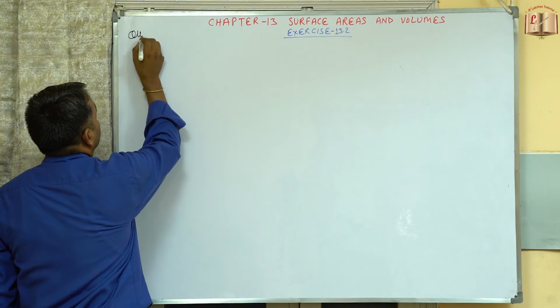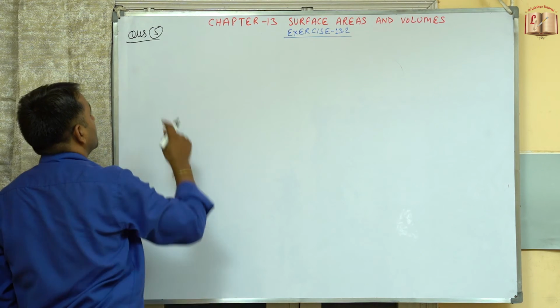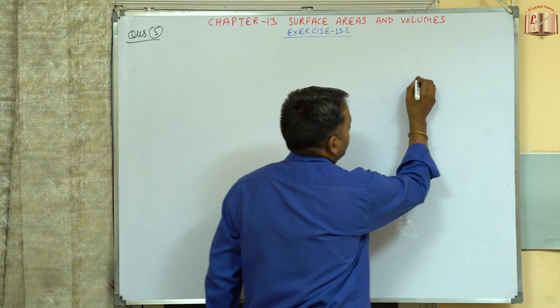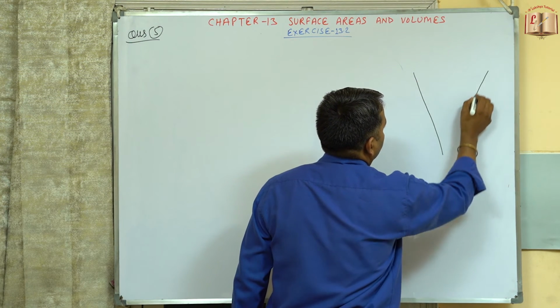So coming to question number 5th. A vessel is in the form of an inverted cone. एक वेसल दिया हुआ है हमें इन्वर्टेड कोन के फॉर्म में.